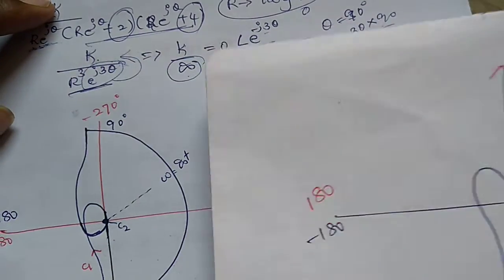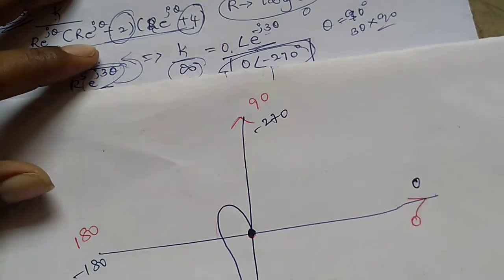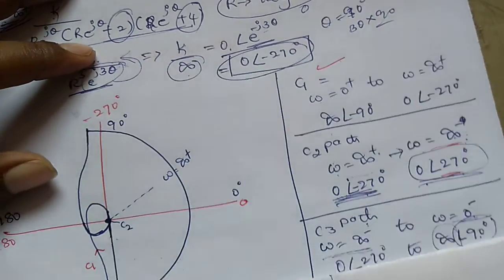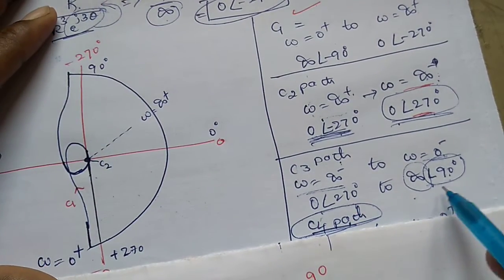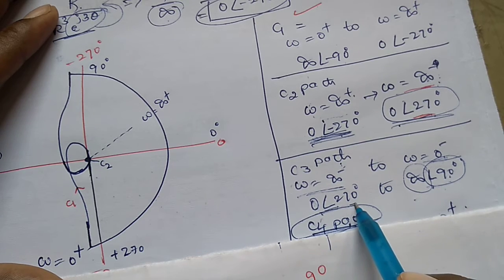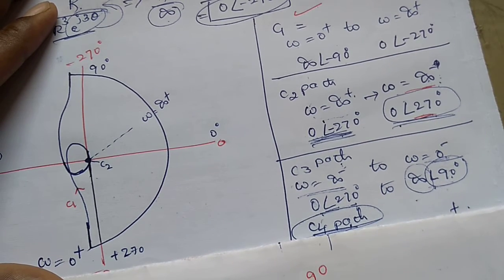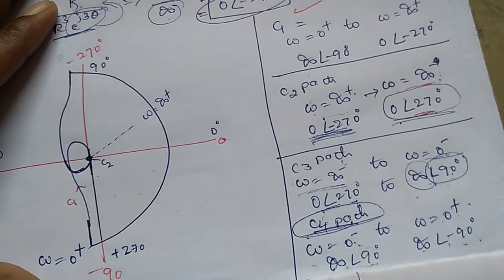Okay. So plus 270 means here only, C2 path. Then for the C3 path, 0 at an angle 270. 0 is here magnitude, angle is 270.